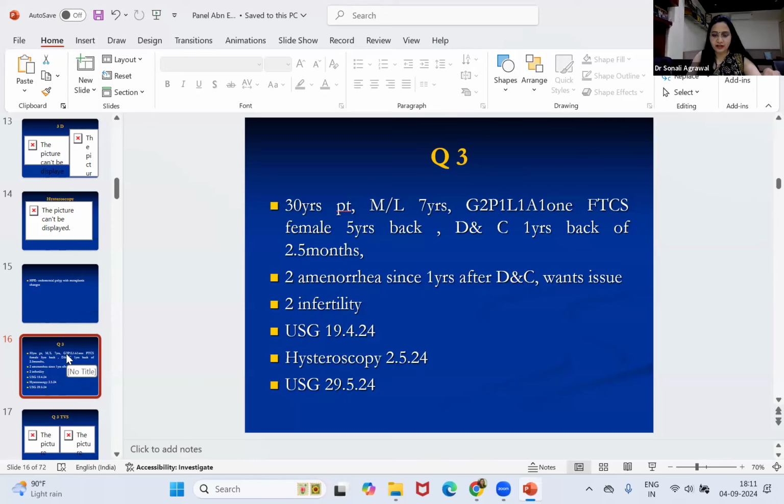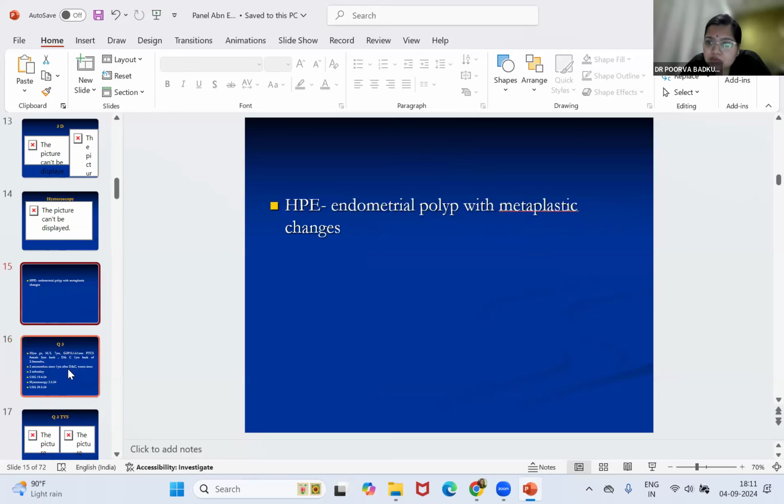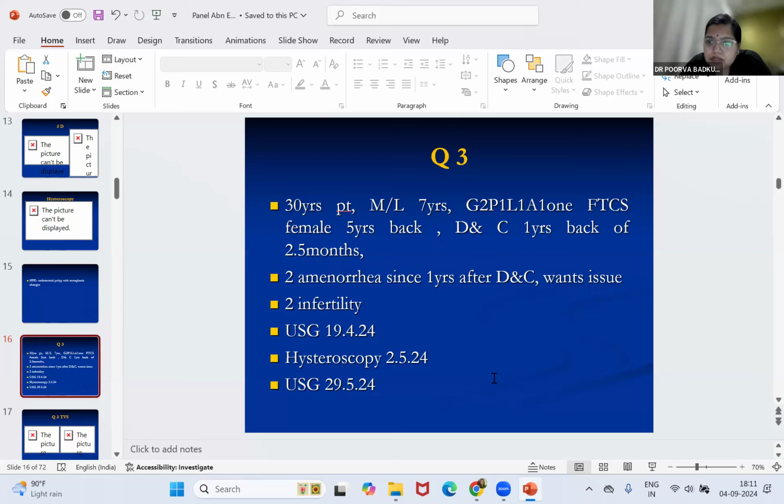I would like to add that simple DNC or just taking a random sample of endometrium may not work. The recommendation is that endometrial sampling has to be done, and it is compulsory, but more promising is the hysteroscopic biopsy.